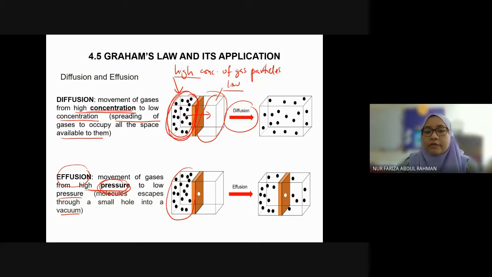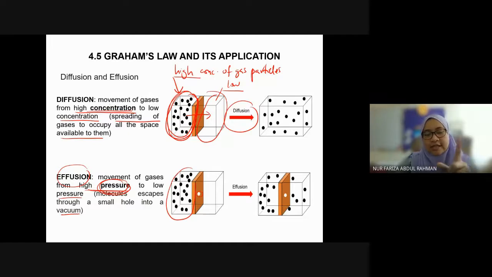So the significant difference between diffusion and effusion is that for effusion the movement is through a small hole. They escape through a small hole. Kalau diffusion tadi, angkat je, dia bergerak terus. But this one dia tak angkat.